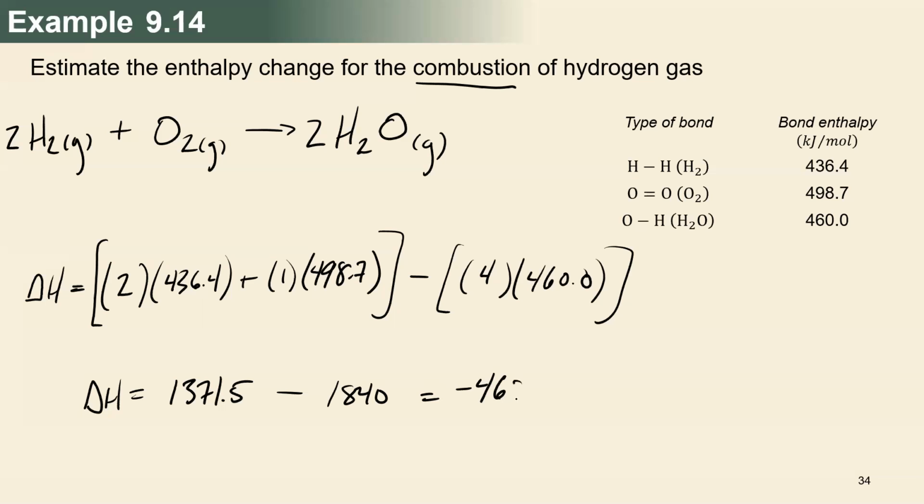Negative 468.5 kilojoules per mole. Right? And so if we didn't include those, if we put a 2 instead of a 4 there, it'd be a positive number. And hopefully we know that combustion, generally speaking, is not endothermic, but exothermic. And so we should get a negative value for our delta H. Did I do my calculations correctly? Is that one good? I think so. Okay. All right.